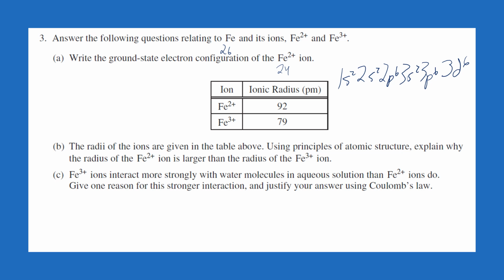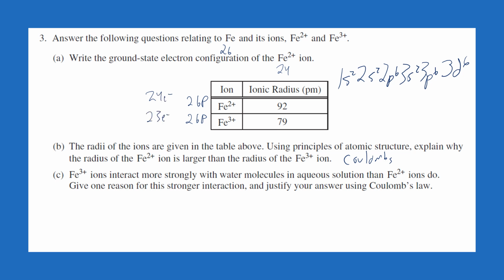And then they give you the ionic radius for 2 of the ions. Explain why the radius of the Fe2+ ion is larger than the radius of the Fe3+ ion. So this has to do with Coulomb's law. They both have 26 protons, but iron 2+ has 24 electrons and 3+ has 23 electrons.